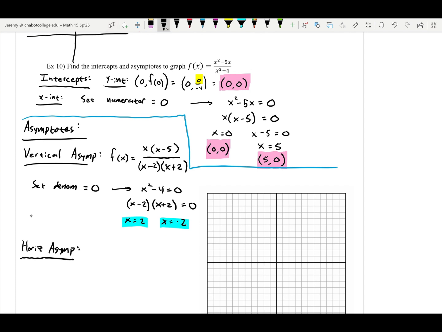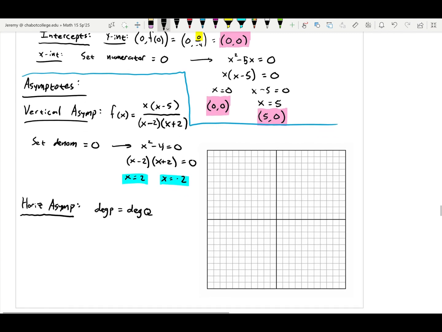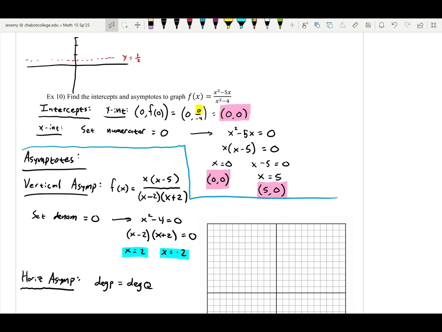So the degree of p, that's the numerator, is equal to the degree of q, the denominator. And in this case, the horizontal asymptote is just the ratio of the leading coefficients. And what are the leading coefficients here? Just 1 and 1.